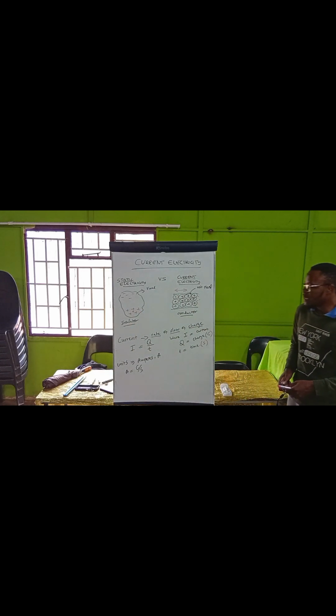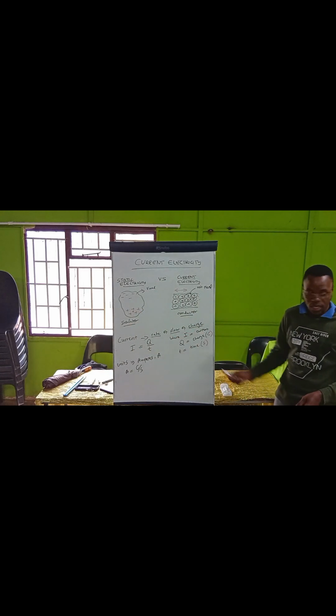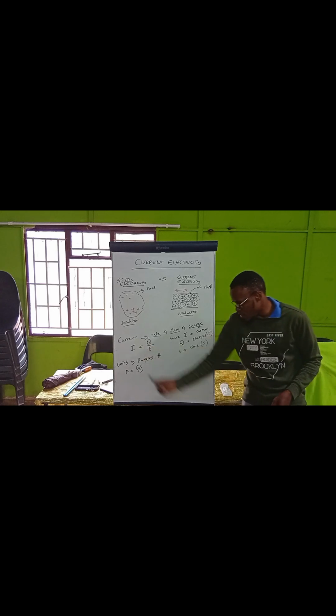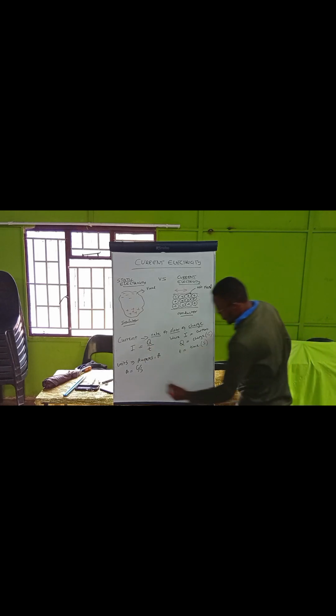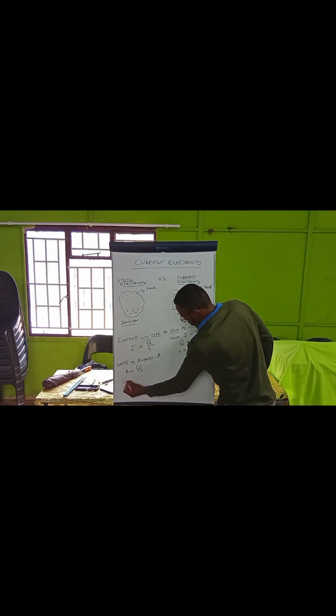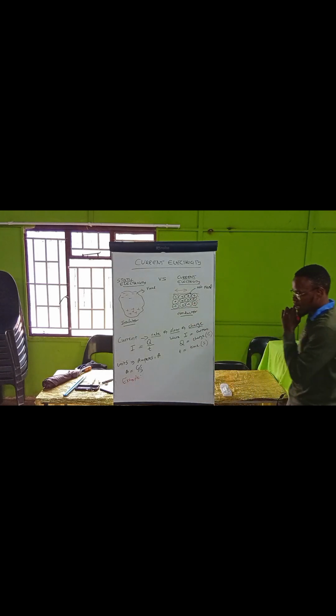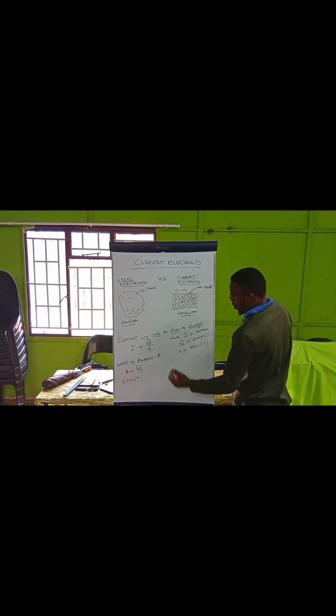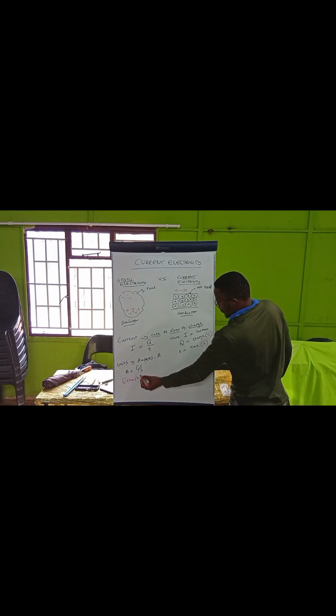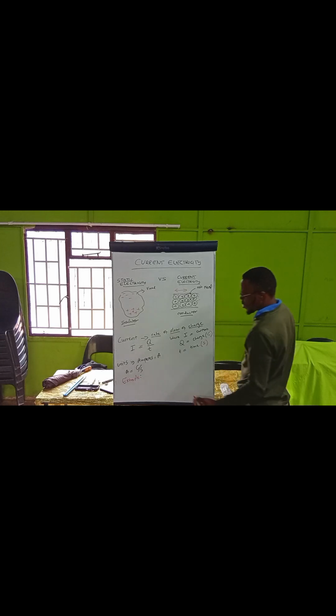So we're saying current is the rate of flow of charge, and this is the formula. So here's an example. Let me demonstrate how you can calculate the charge.